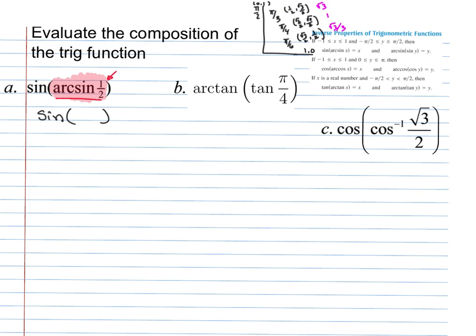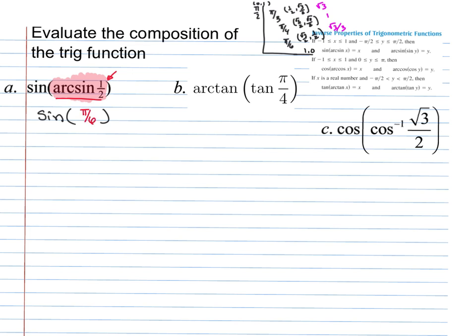These are cosine, sine, tangent, cosine, sine, tangent, cosine, sine, tangent for our ordered pairs. We know that sine is the second coordinate of these ordered pairs. So where sine is 1/2 would be here. That means the corresponding radians to that 1/2 would be pi over 6.